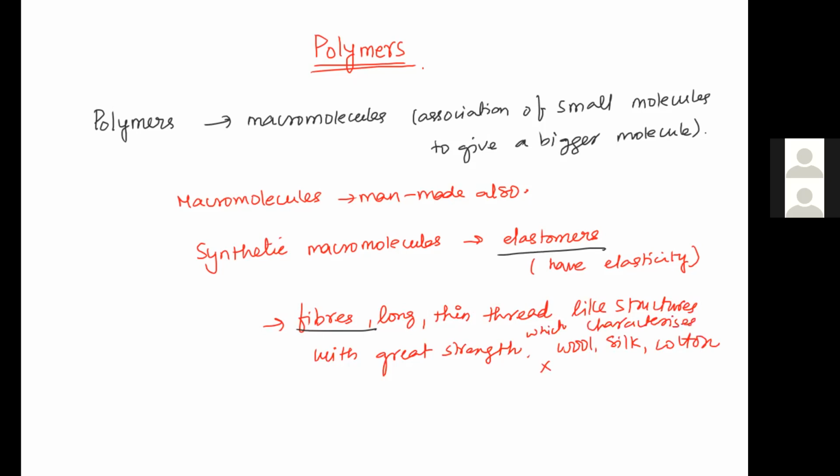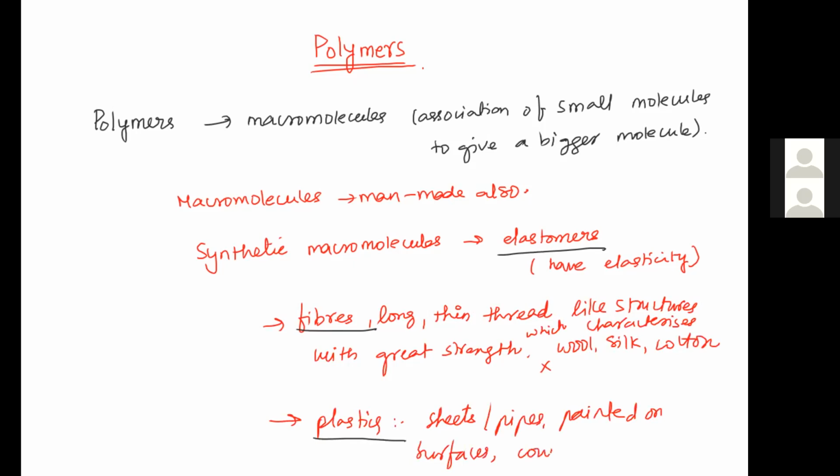And we also have plastics, which are synthetic macromolecules. How do we use them? We use them as sheets, pipes, painted on surfaces, used for countless objects.